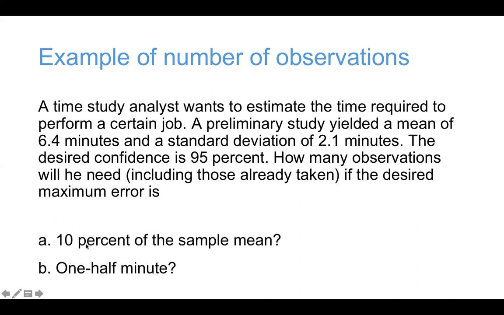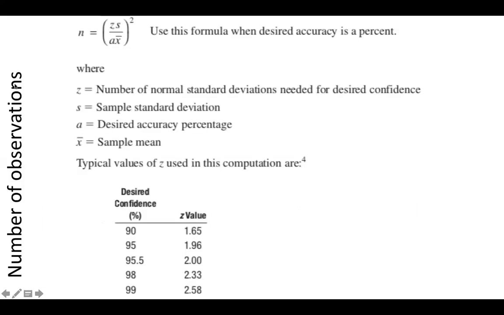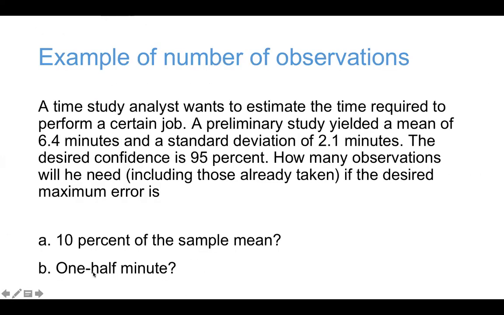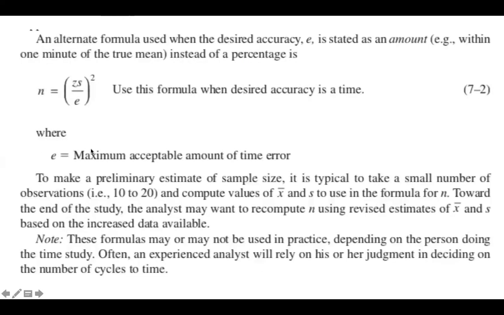When you have the percentage form, the formula will be this one, and when the desired error is in amount, then it will be Z divided by E, epsilon.